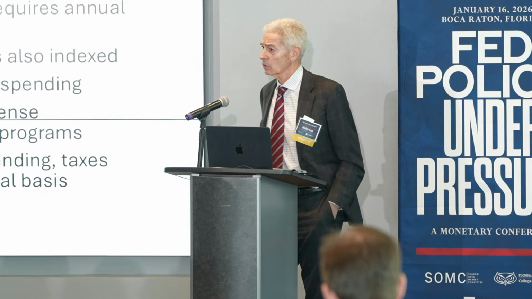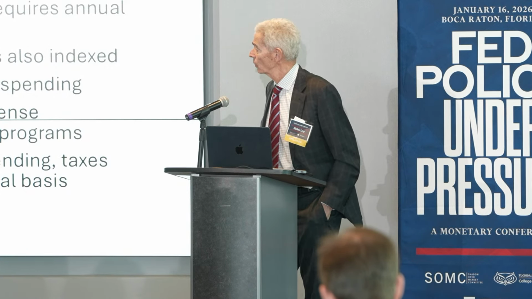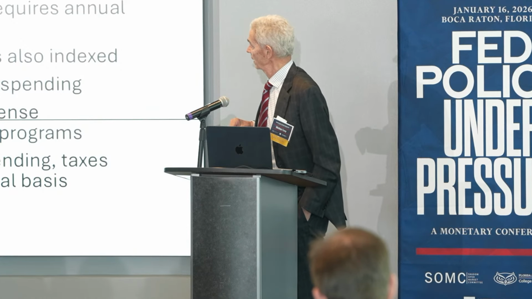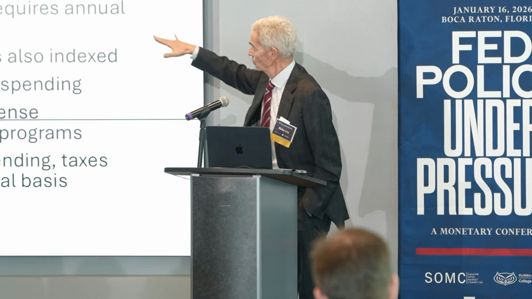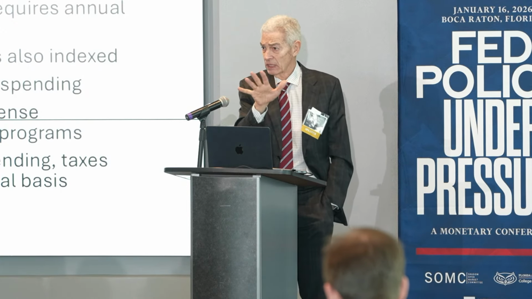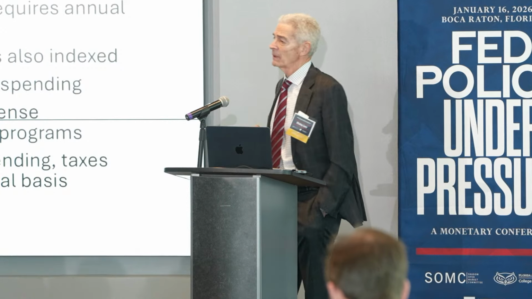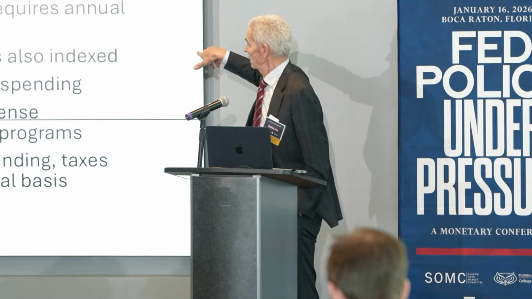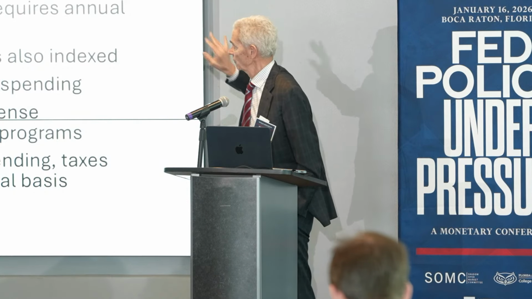They're automatic without budget authorization, whereas discretionary spending, defense, infrastructure, education, and the like, require annual authorization. And then little by little, entitlements became indexed for inflation. By the way, in 1981, under President Reagan, the individual income tax system was also indexed for inflation.